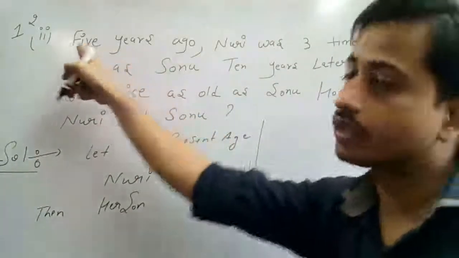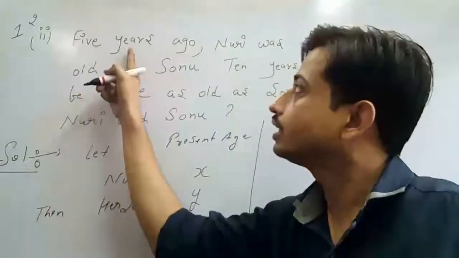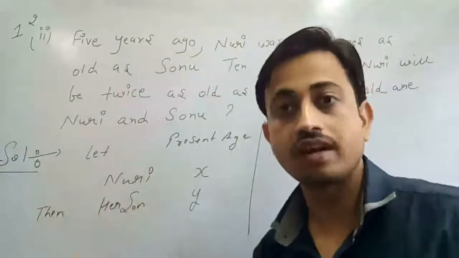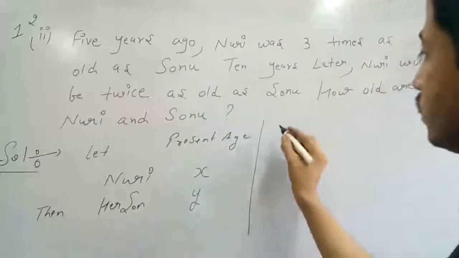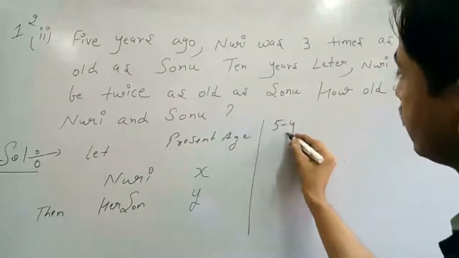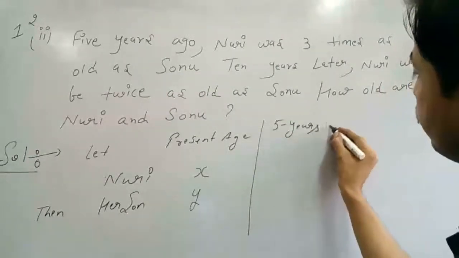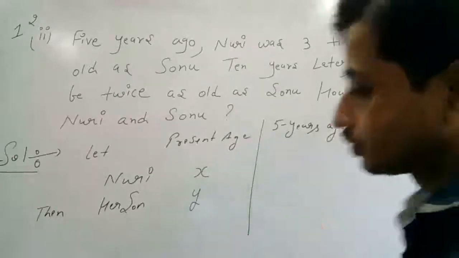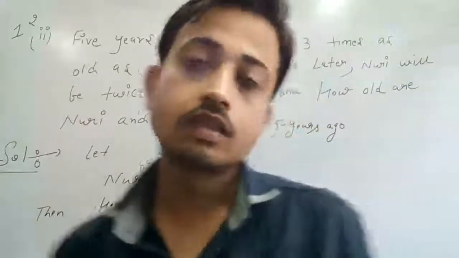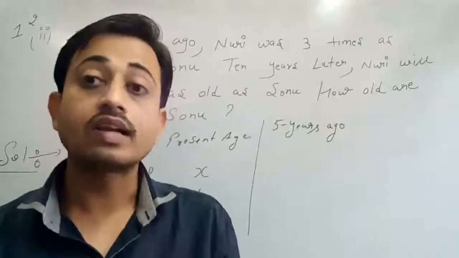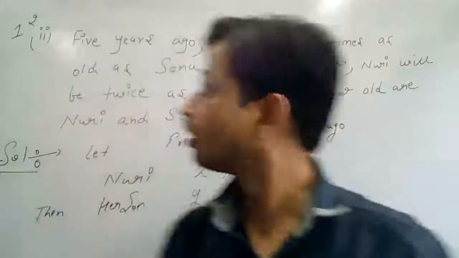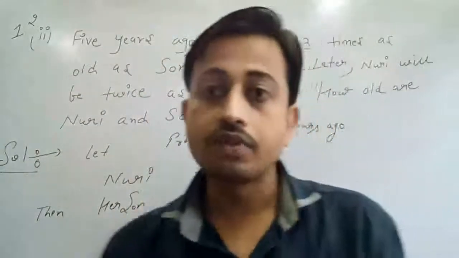Now I am reading according to the statement. 5 years ago, it means before. We are talking about before. So 5 years ago. Suppose today my age is 25 years. Then what was the age 5 years ago?